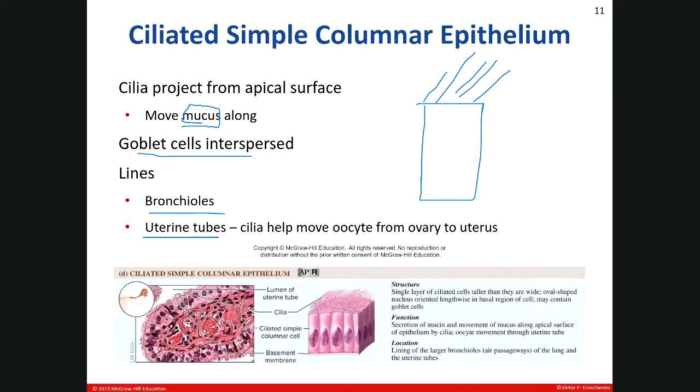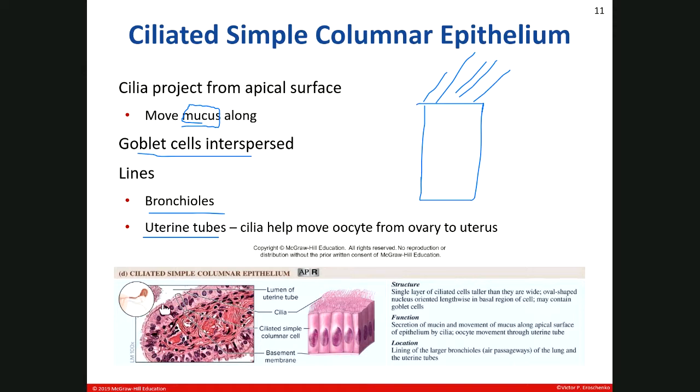So here you can see the little picture. This is an example of our uterine tube right here. Here's the lumen. Here you can see the cilia. It's not like a brush border. It's not nice and uniform. There's like divots and indentations. It looks rough.